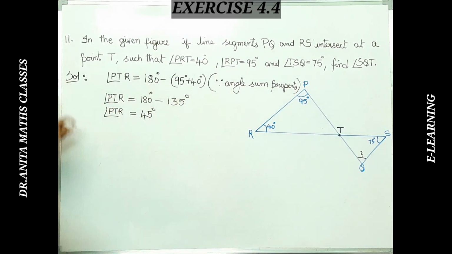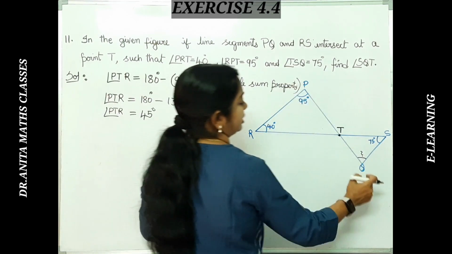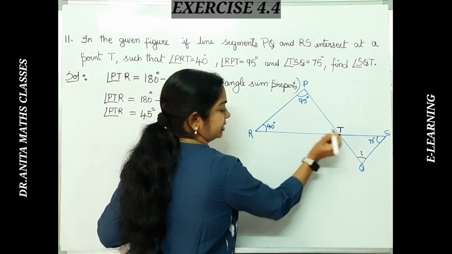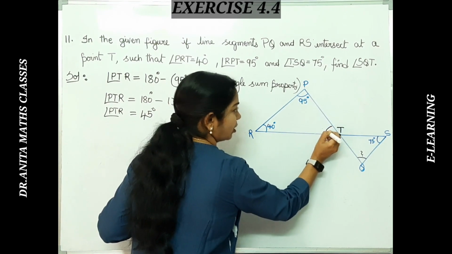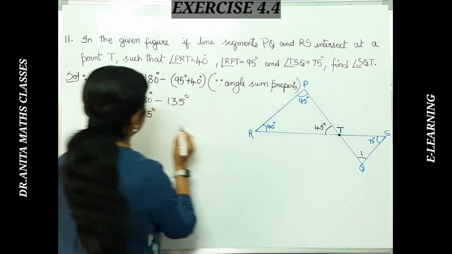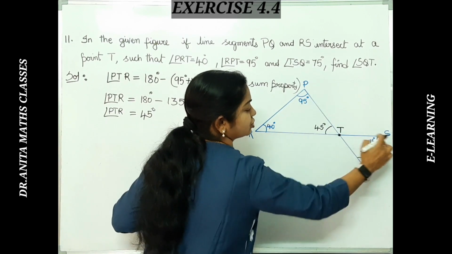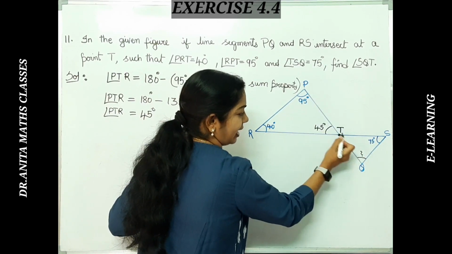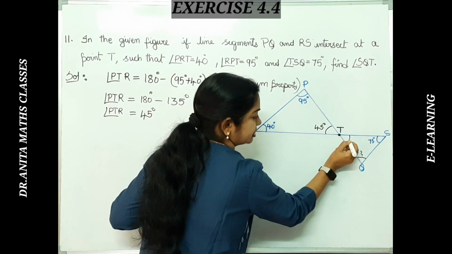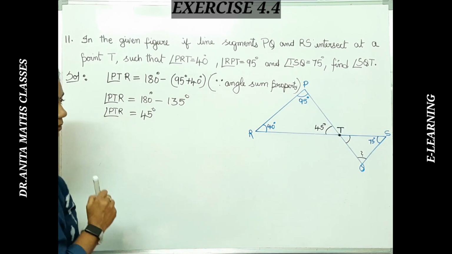Given in the question, T is a point of intersection. These two lines PQ and RS are intersecting at T. Here we got PTR as 45 degrees, right? Since this is the point of intersection for these two intersecting lines, angle PTR and angle STQ, this angle, are called vertically opposite angles, which are always equal.